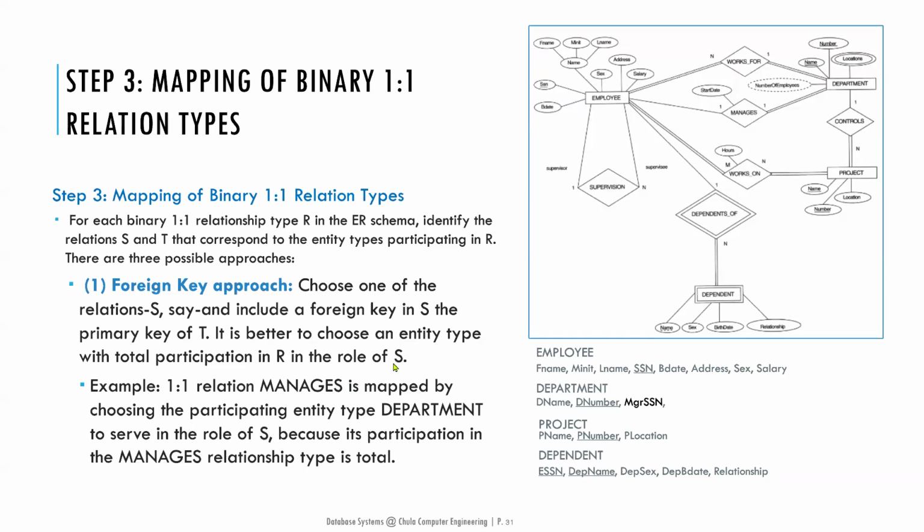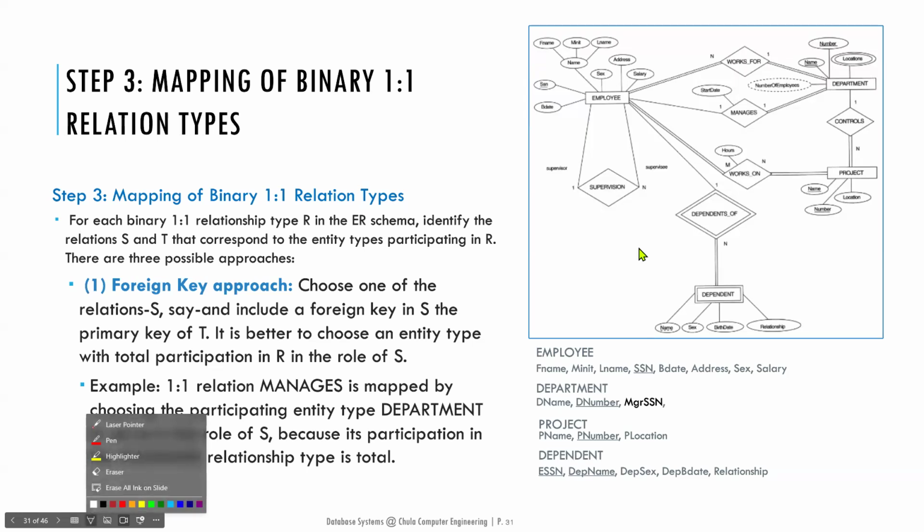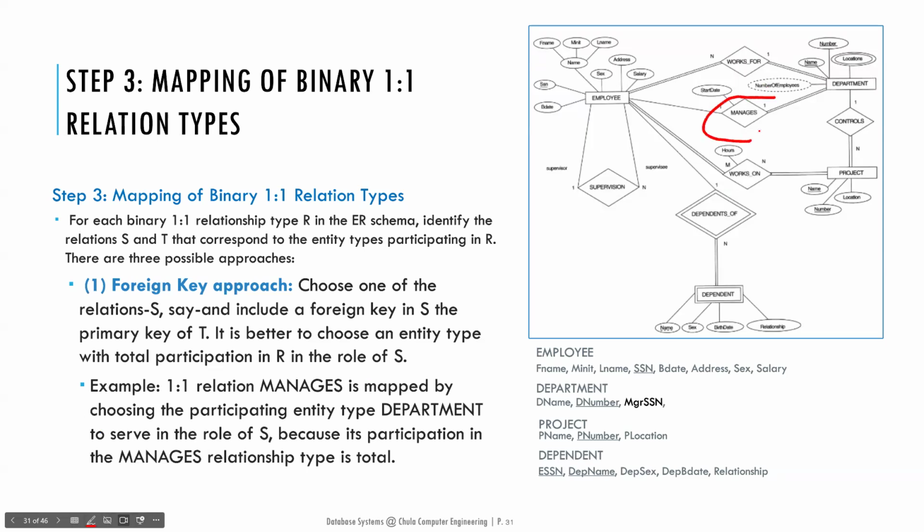Okay. But I am also saying that within manages, we have to choose, let me do this. Let me get this drawing tool. Okay. Now, let me take a look. Follow me. Which one do I use? Pen. Okay. We have manages here, right? We said that for manages, you have employee and you have department connected by this relationship.